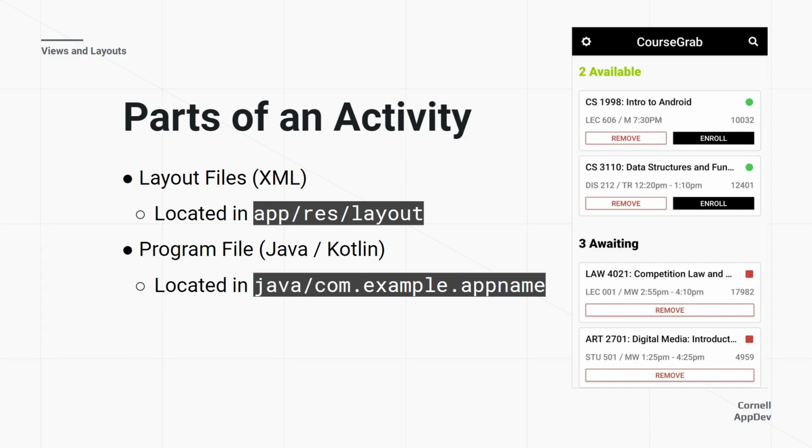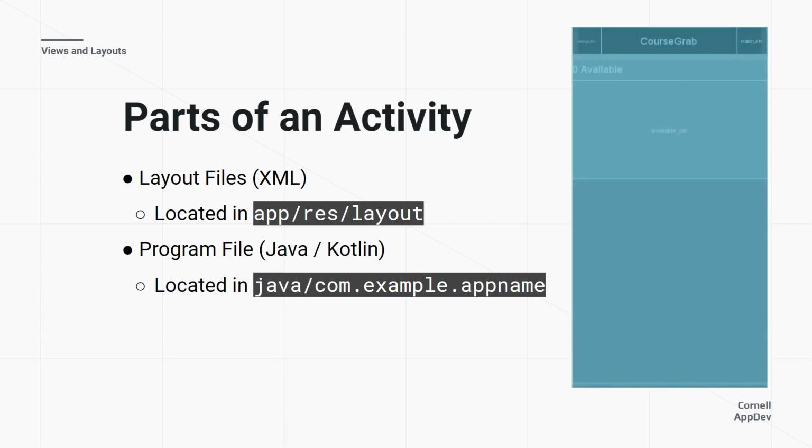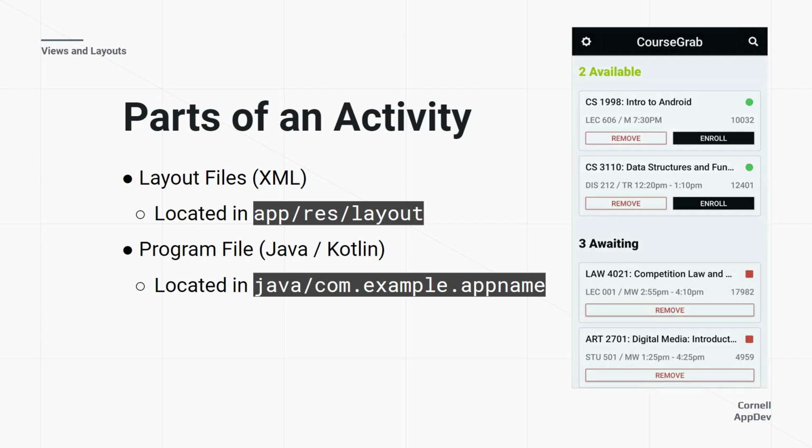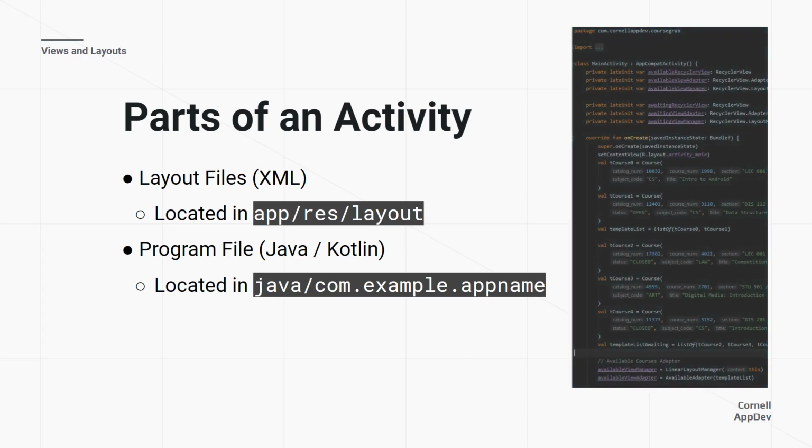Those are in java, com, example, app name, and then your stuff. Note that even if you were coding in Kotlin, it still falls into the Java folder. It always falls into the Java folder. So you have your activity, you have the XML behind it, and you have the Java code behind that.